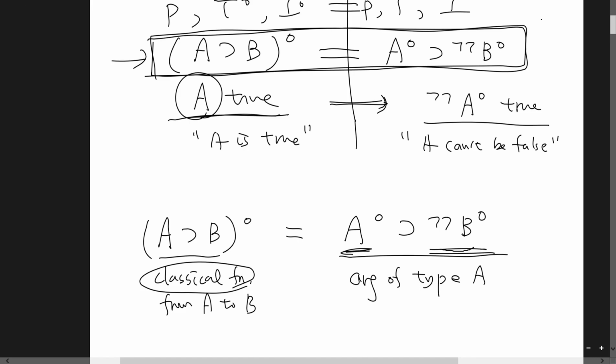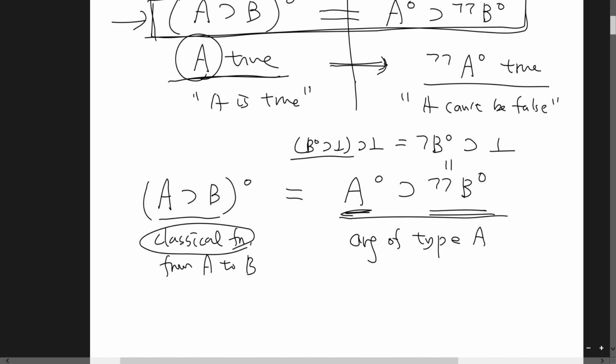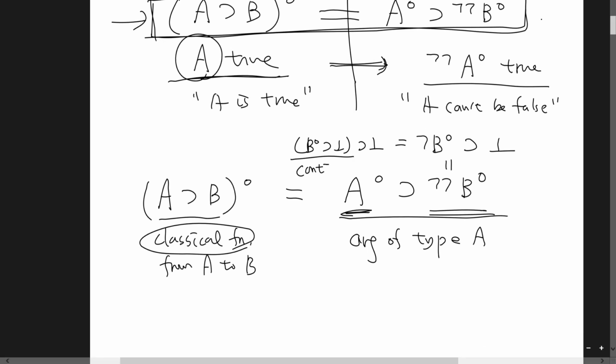And we can expand this one into negation B circle implies bottom, or it means B circle implies bottom implies bottom. And this is a type of a continuation of type B.